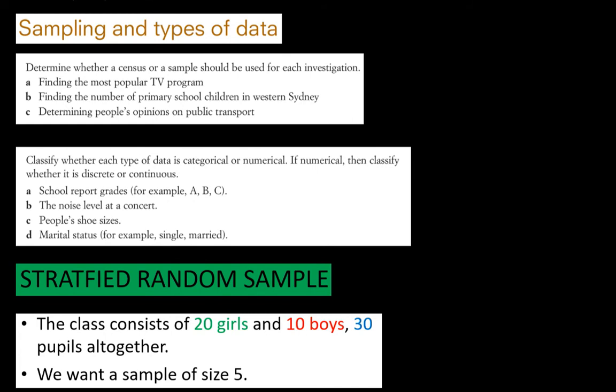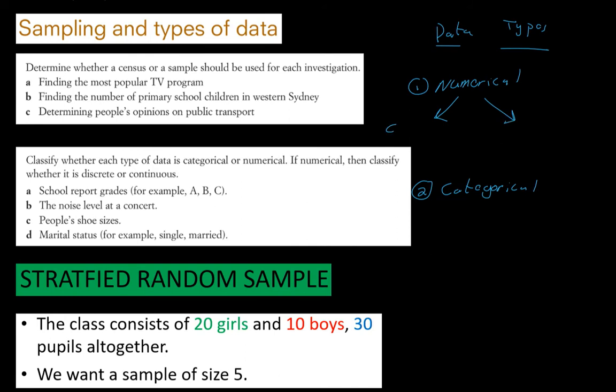Okay, so sampling and types of data. Well, we didn't go over data types. So let's list them very quickly. Okay, so we've got numerical, and we have got categorical. There's two types of numerical.